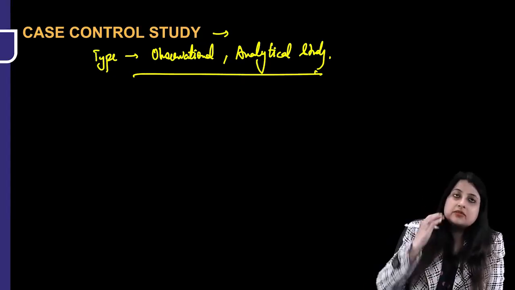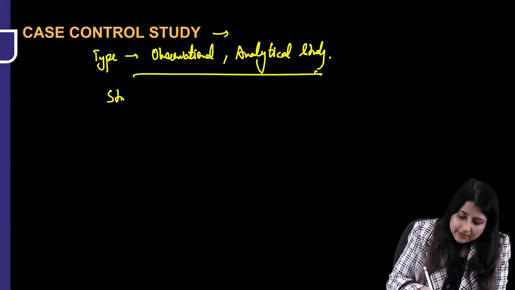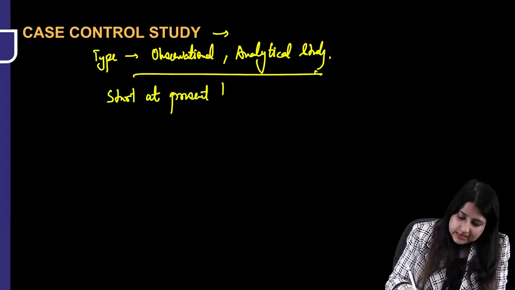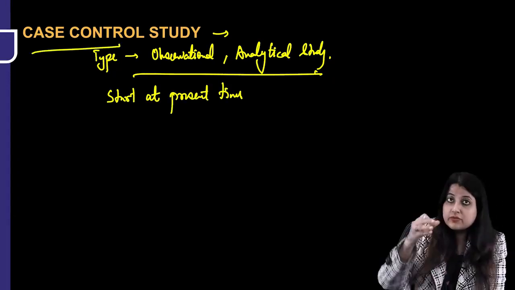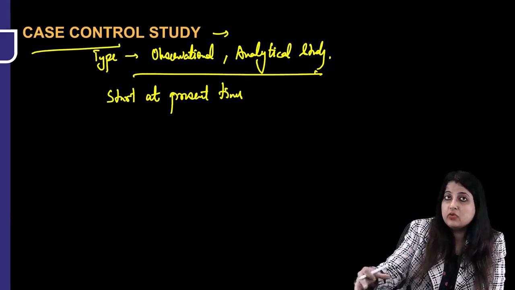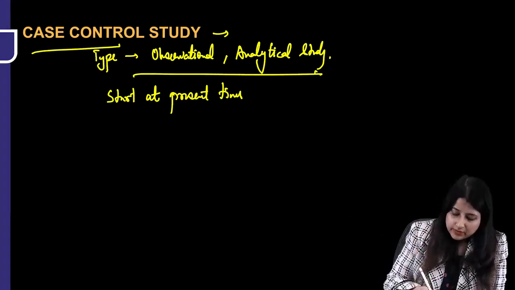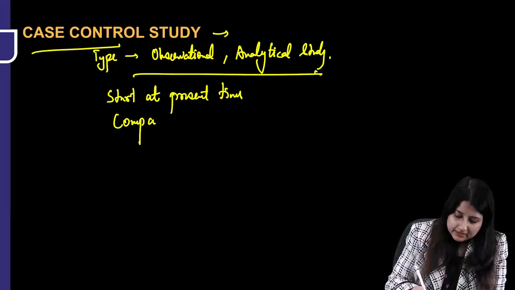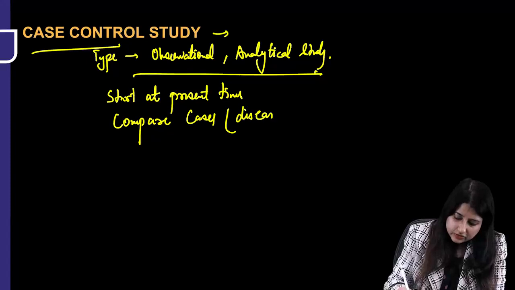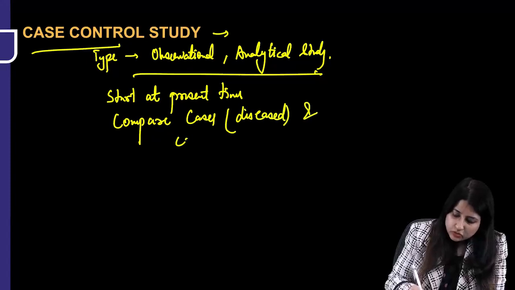So in a case control, always remember we start the study at present time. But it's a case control, so we have a comparison group, control and case. So we always compare cases. Cases means diseased. Okay, and controls.